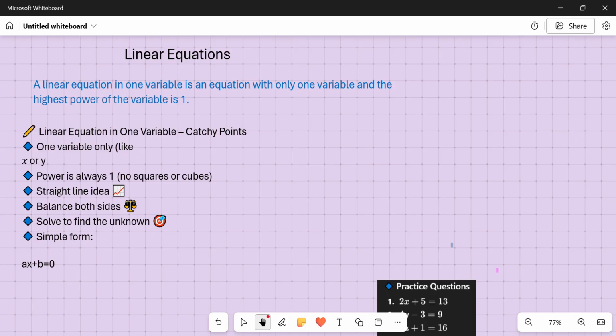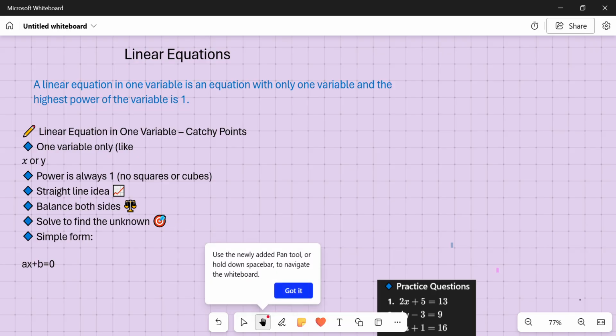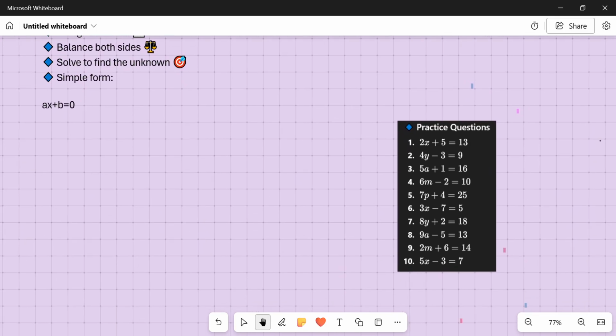The standard form of a linear equation is ax plus b equals 0. This is also written here. So let's solve a few, question 1 and question 2 from these practice questions. Here are the 10 practice questions.